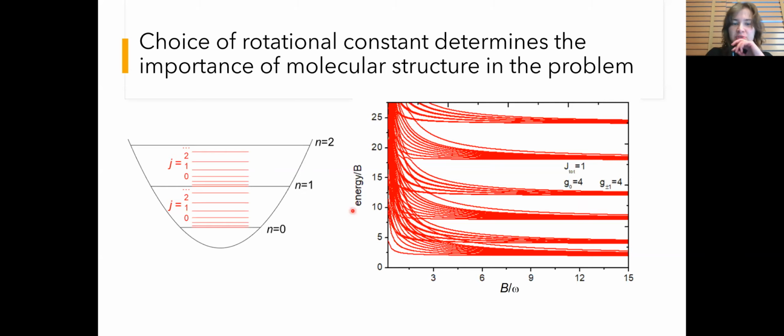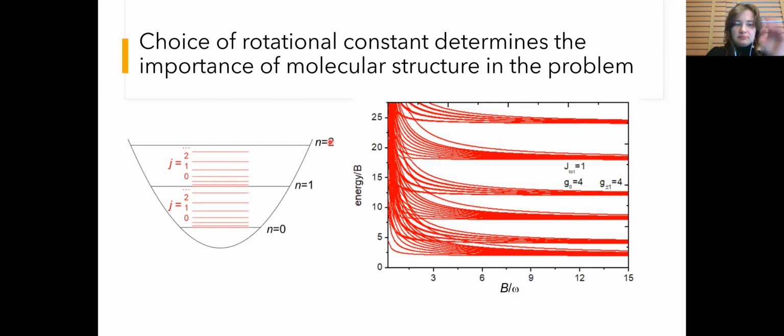This plot shows the energy spectrum, in units of the rotational constant. And here you see the ratio between the rotational constant of the molecules and the frequency of the harmonic trapping.